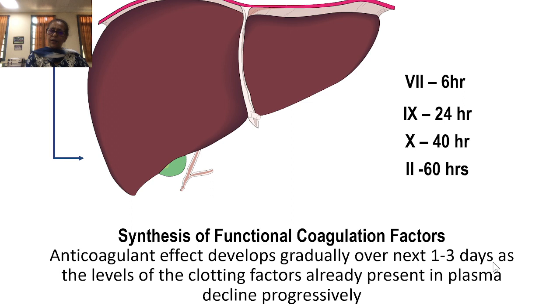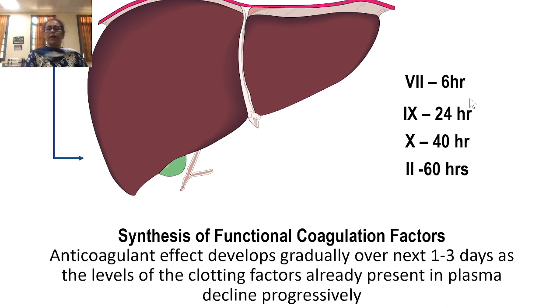Now when we give warfarin it interferes with vitamin K, so all the clotting factors dependent upon vitamin K will not be synthesized, which helps in the anticoagulation process. But one very important thing: you start with warfarin today, it will not produce full anticoagulant effect immediately. This effect develops gradually over a period of 1 to 3 days, because the clotting factors already present in the plasma decline progressively.